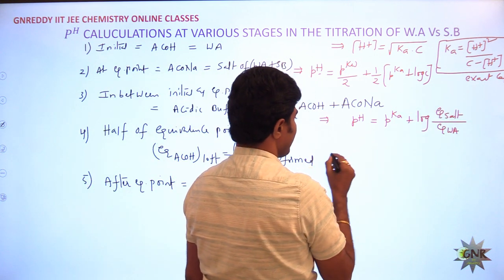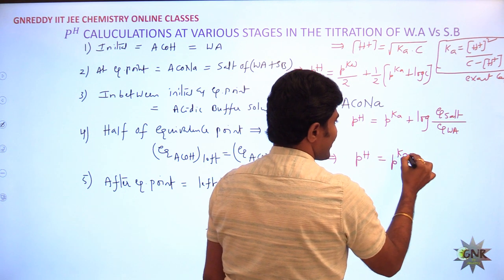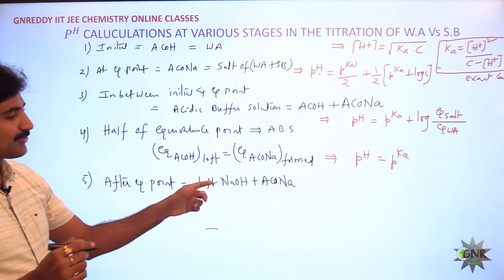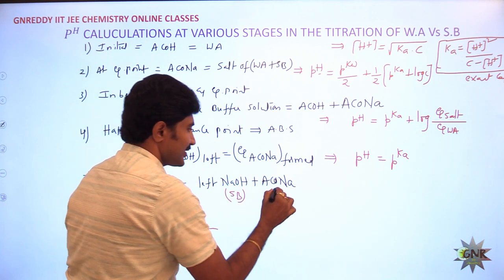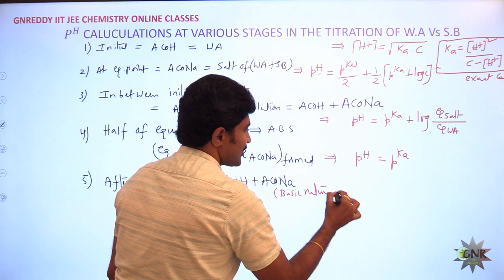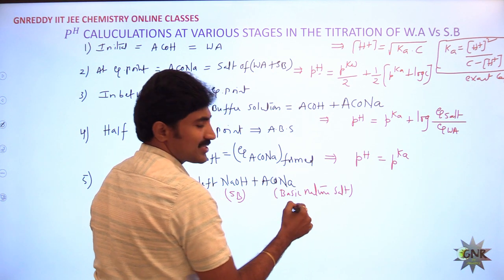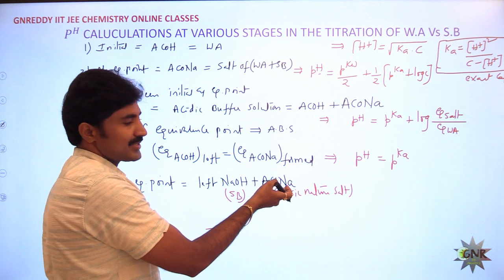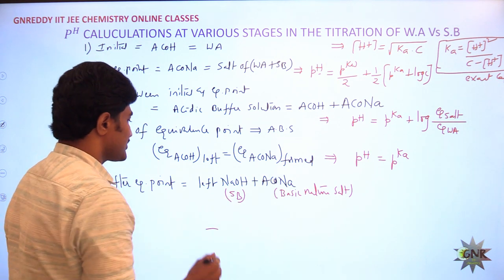Therefore these two are equal, and from this we get pH is equal to pKa. And the last one, after equivalence point: left sodium hydroxide is a strong base, while the salt is basic in nature and only slightly more than 7, so its hydrolysis is suppressed according to the common ion effect. Therefore you have to calculate pH of that.